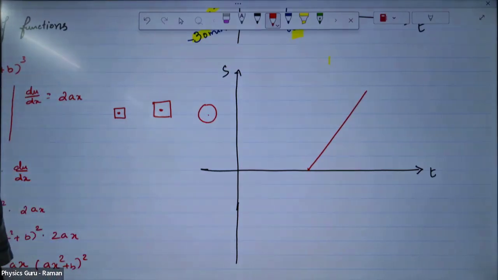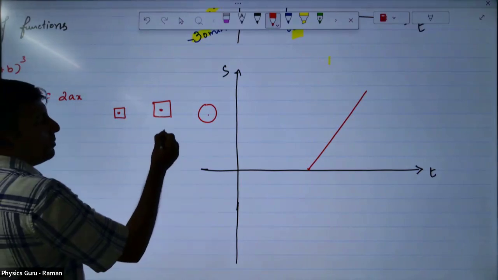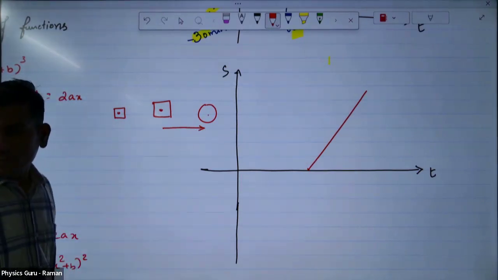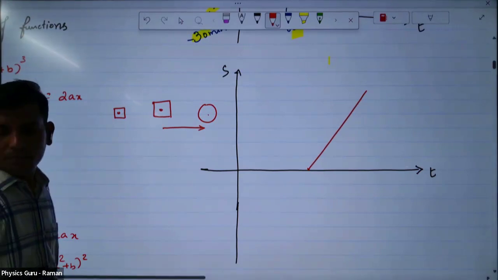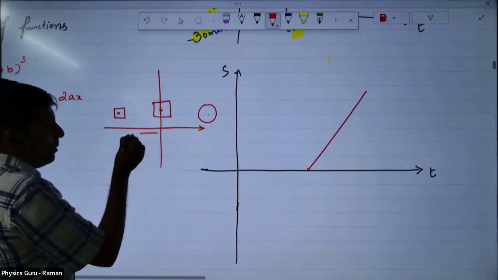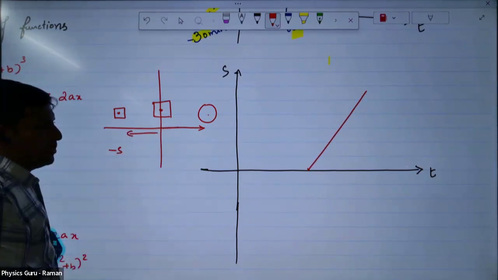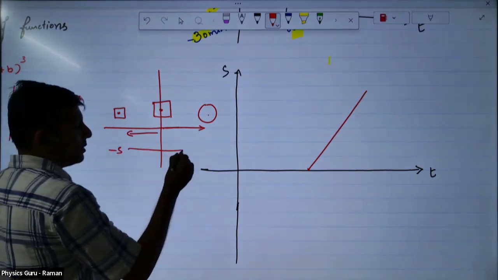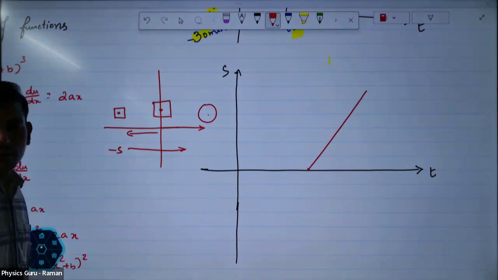That's the man. If this person starts from here and goes in this direction, it should be taken as positive, like a graph. If he goes in the opposite direction, it should be taken as negative displacement. Then again he comes back here.